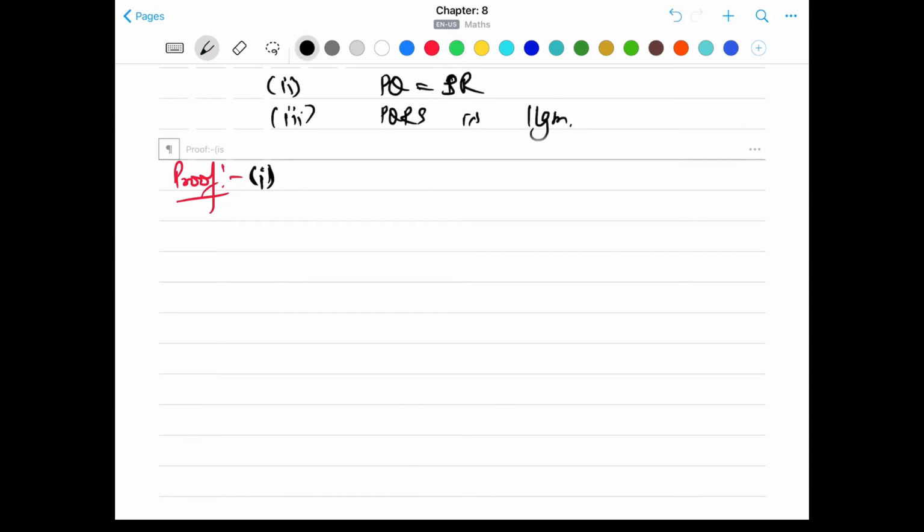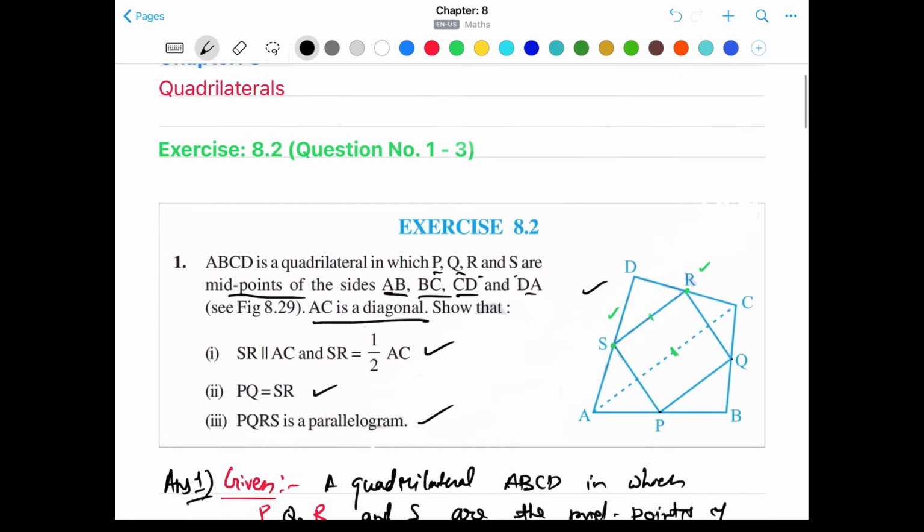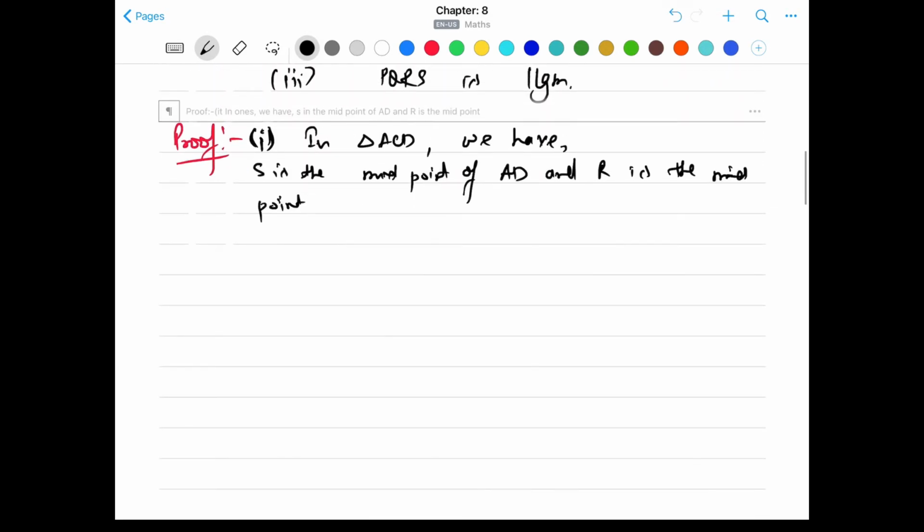So we'll write simply, in triangle ACD we have S is the midpoint of side AD and R is the midpoint of the side DC, or you can say CD.